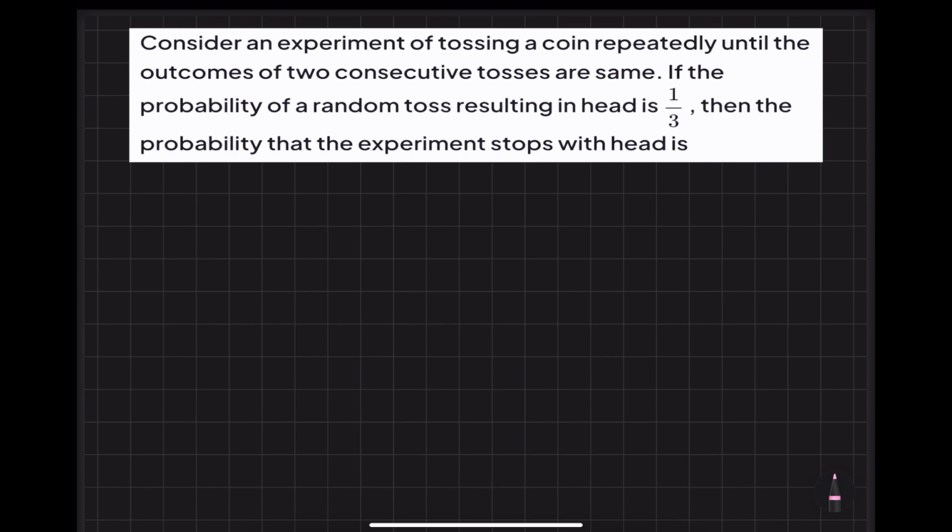So we got a wholesome new problem which says: consider an experiment of tossing a coin repeatedly until the outcomes of two consecutive tosses are the same.